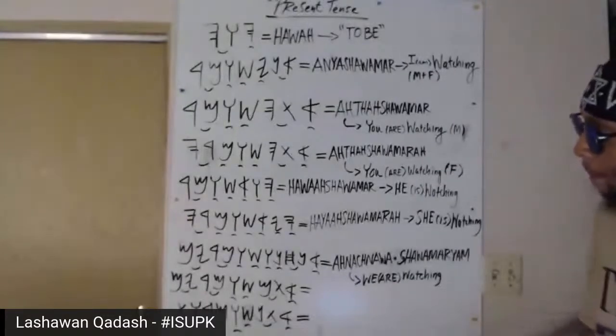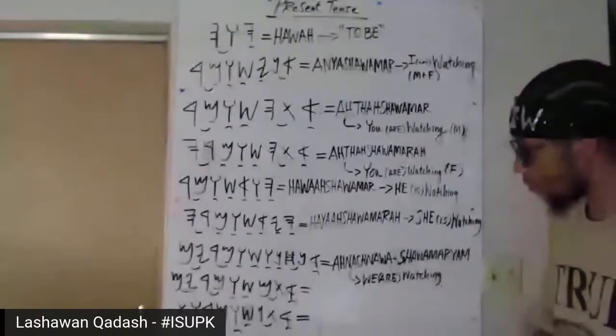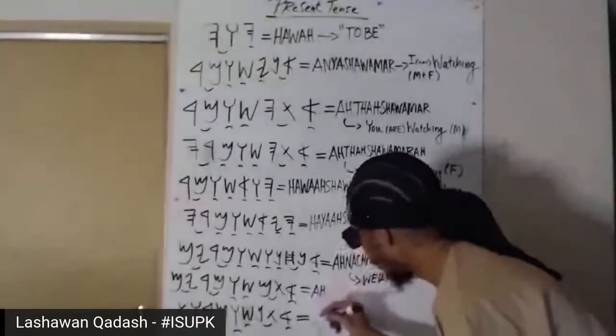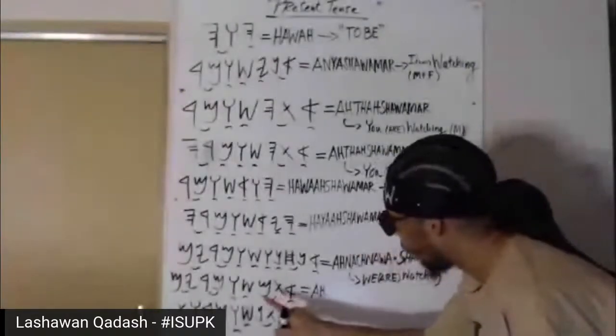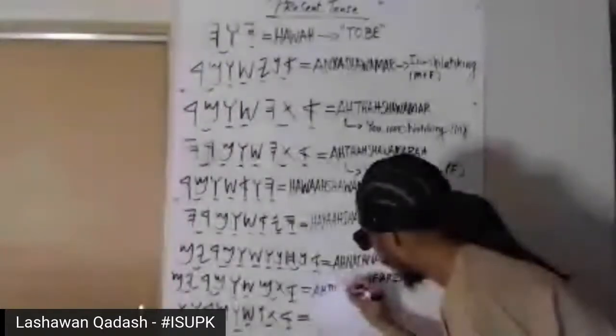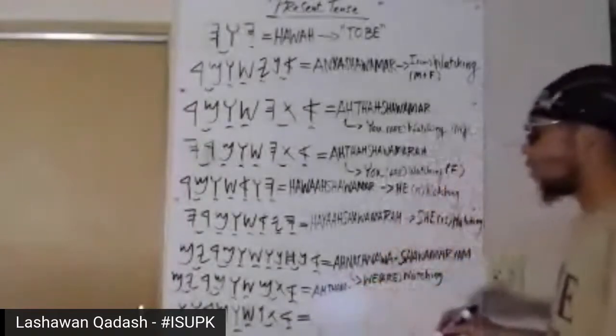All right. So next, what we have is the ha, the tha, and the ma, which is THAM, right? And then we have the sha.